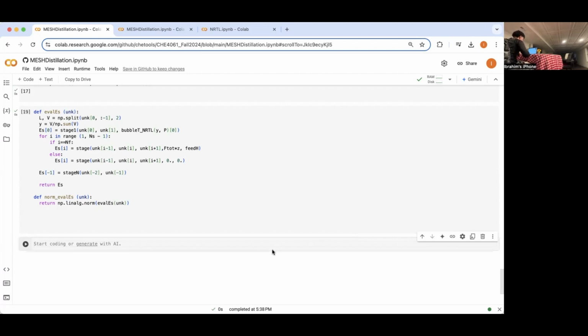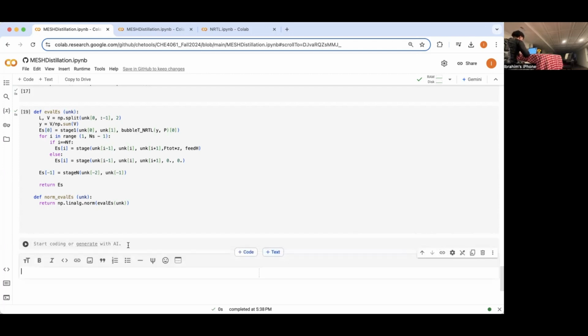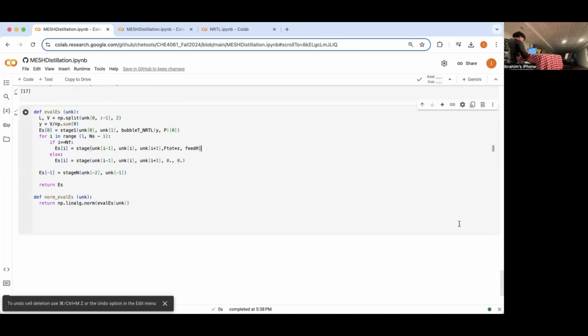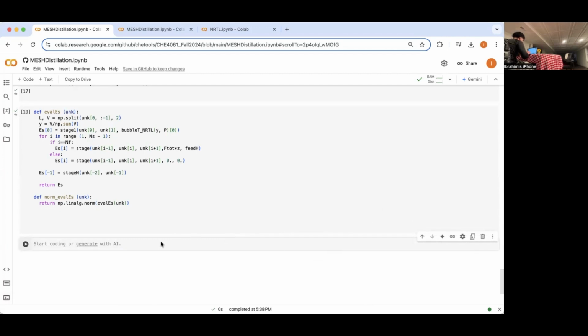So we're going to say that for iteration in range 1 to 25, so 25 iterations, put a colon here.